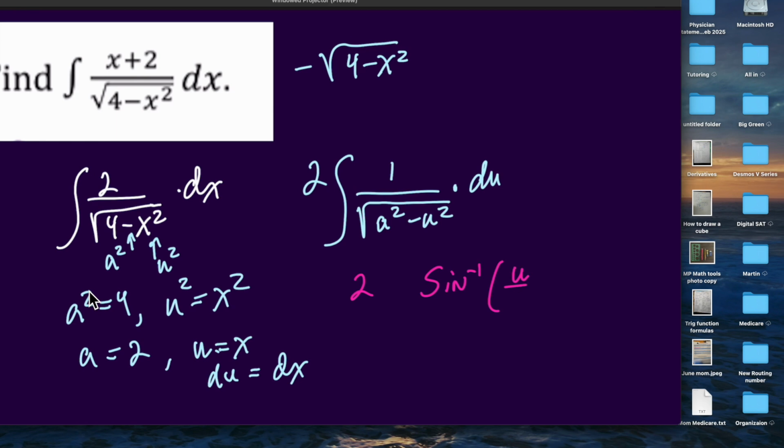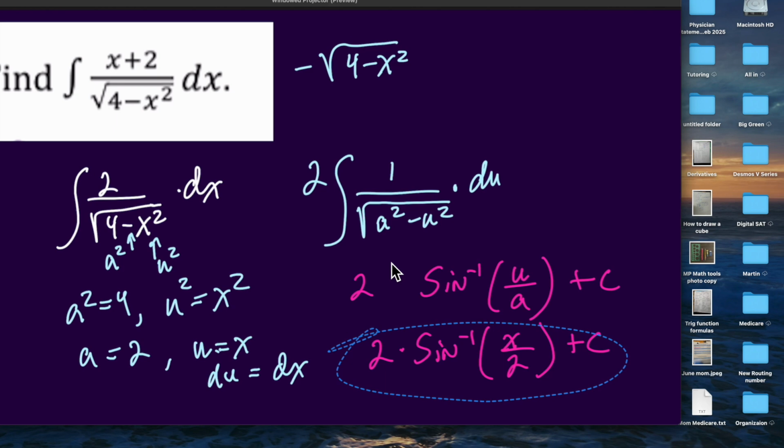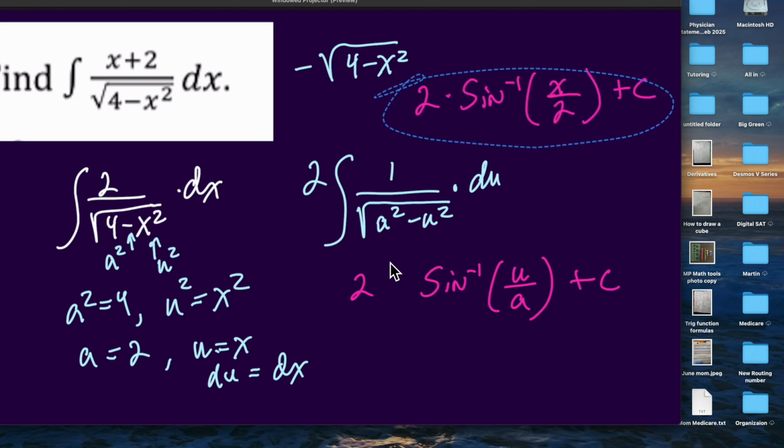We're going to have u over a, and that's it. The sine function solution is very simple. So we're going to have 2 times inverse sine. Now we're going to bring our u value, which we know is x, our a value, which we know is 2, and this, folks, is going to be our final answer. We're going to combine these two with a plus sign in between.